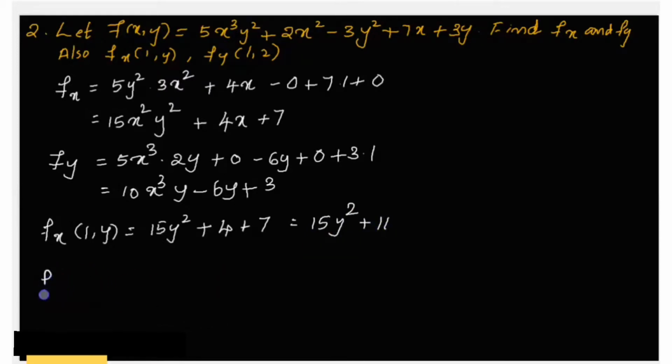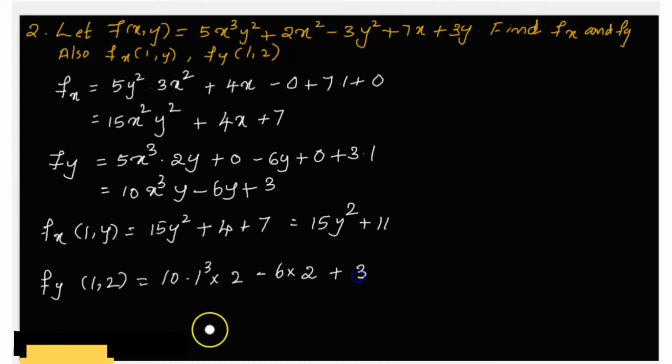Next, fy at (1,2). That means x equal to 1 and y equal to 2 in this expression. That is 10 into 1 cubed into y, y is 2, minus 6 into 2 plus 3.